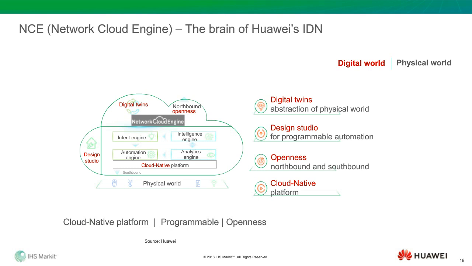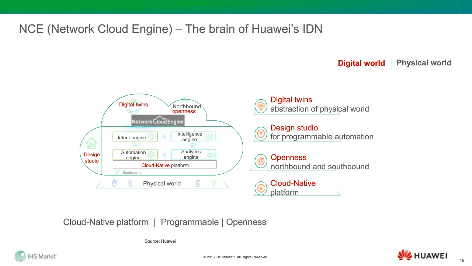If you check, they have 4 engines inside. Number one is called the intent engine, which means if you have some business intent, this engine will analyze your intent. And if your intent is valid, it can convert it from natural language and apply it to the automation engine. It typically is SDN applied on it.